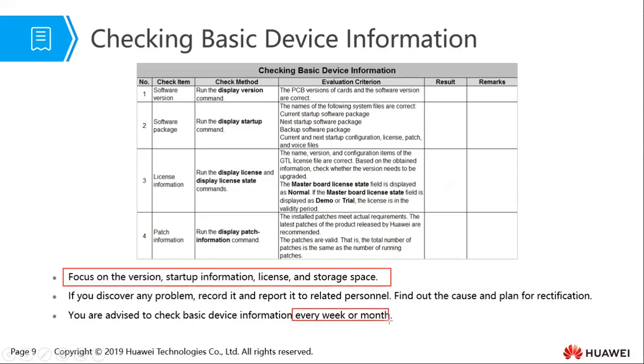You're advised to do this at least weekly or monthly. For example, you can run the display version command just to confirm the version of the software that you're running. Is it correct? And so on and so forth. Other things you can check here, for example, is the license information, which is very important. So checking license information, patch information by using the command display patch information, and so on and so forth.